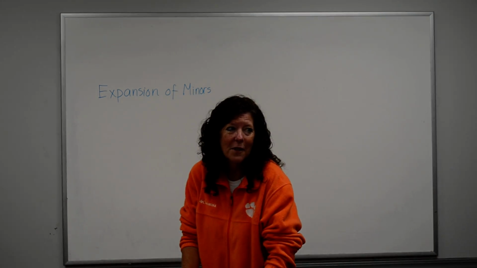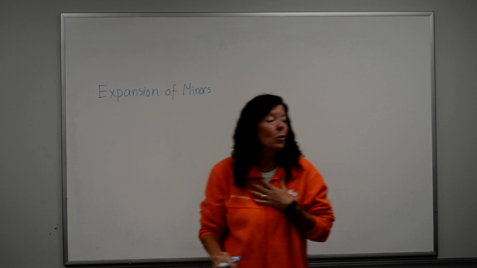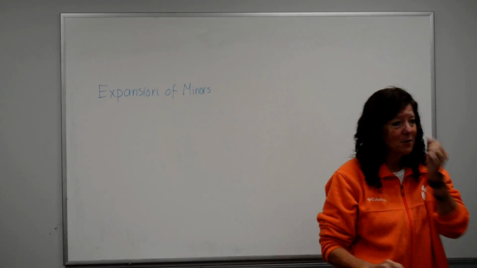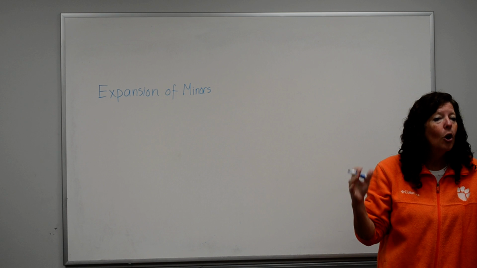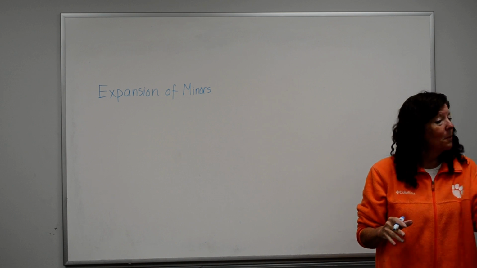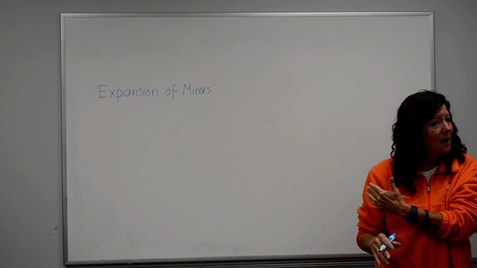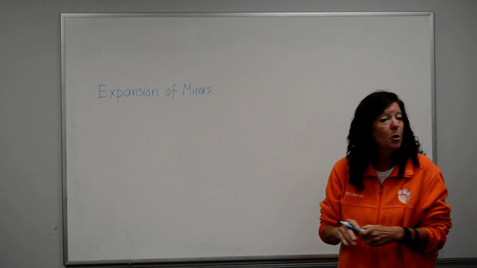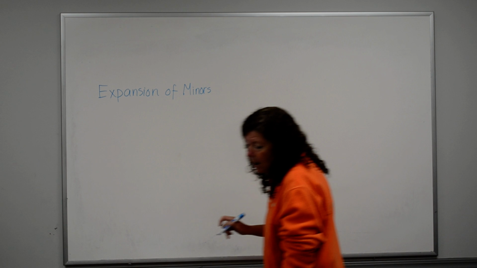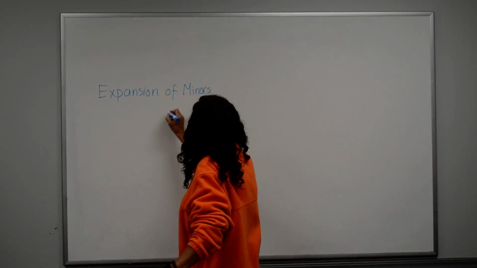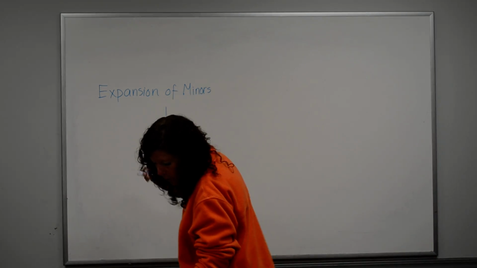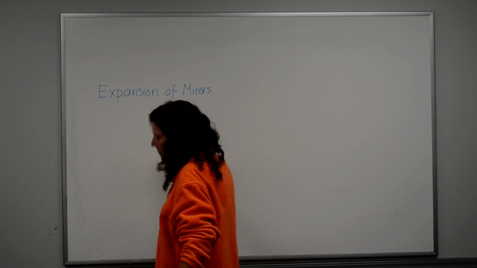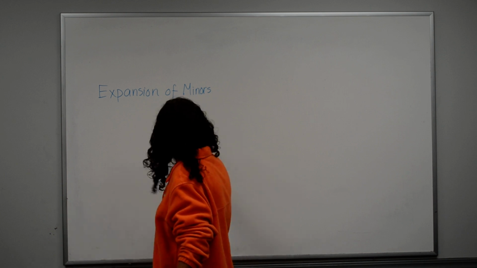And so the expansion of minors to me is the more complicated way to do it, but for some reason your pre-cal book only teaches that way. So I'm going to teach you the way the pre-cal book does, then I'm going to remind you of the other way, which we learned in Algebra 2. We learned both ways in Algebra 2. Let's say that I have a third order matrix. Okay, third order just means it's a 3 by 3.